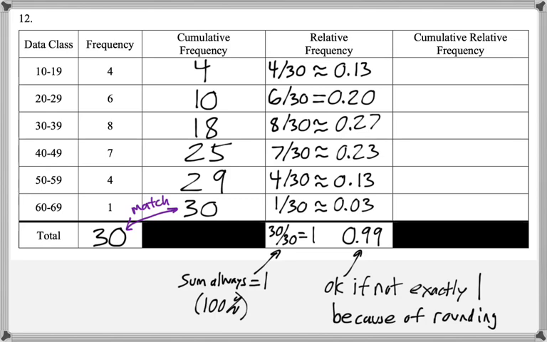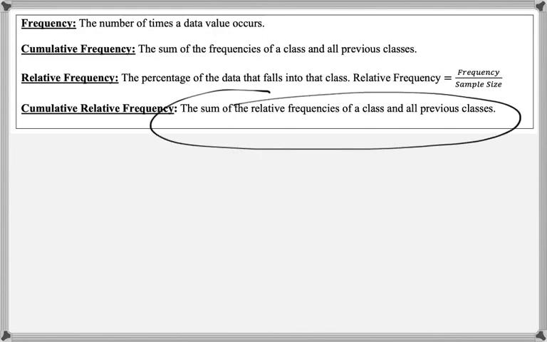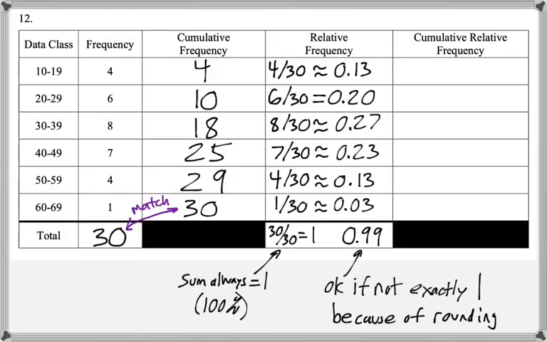Finally, we are calculating the cumulative relative frequency. And that is the sum of the relative frequencies of a class and all of the previous classes that came before it. So for the first one, it's just going to be 0.13.